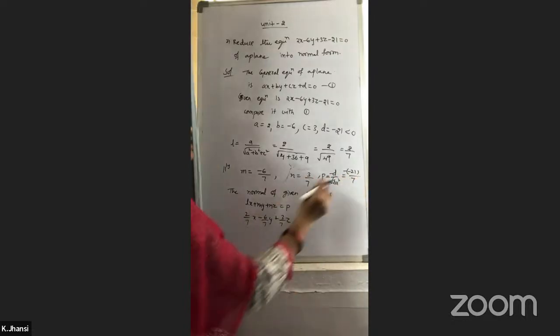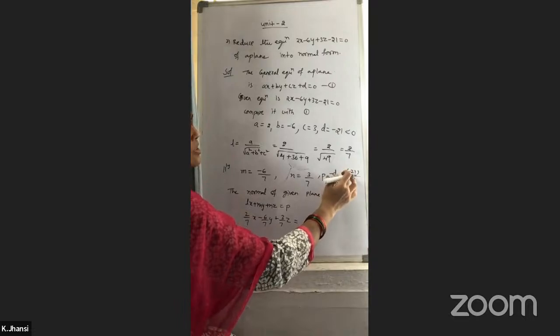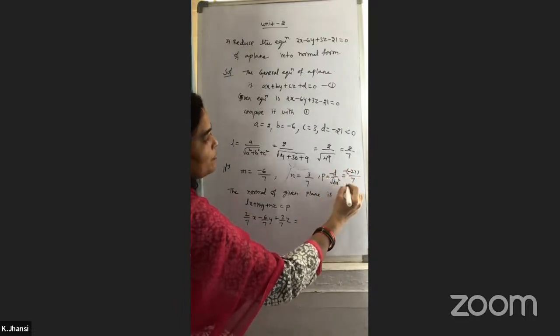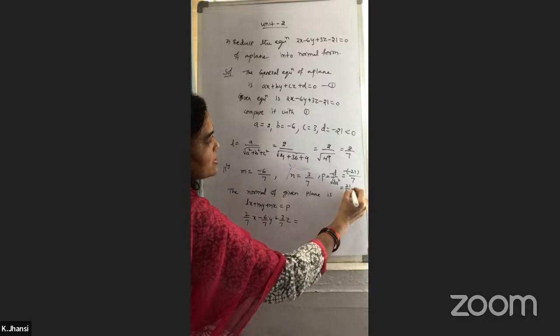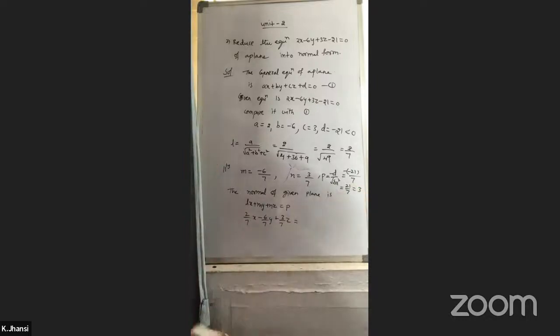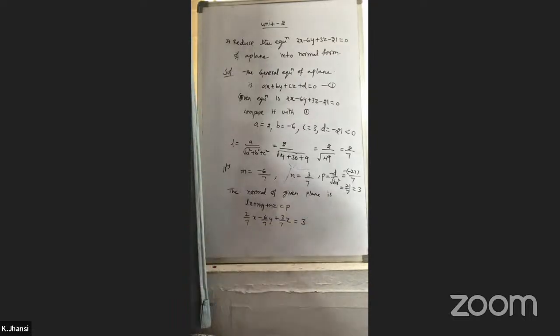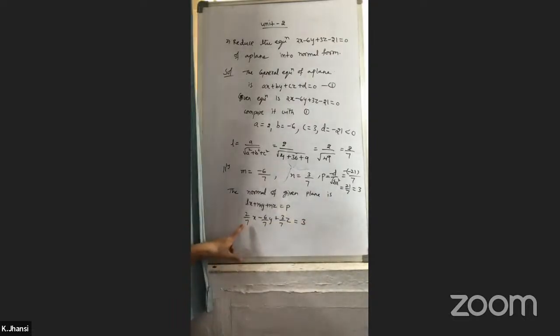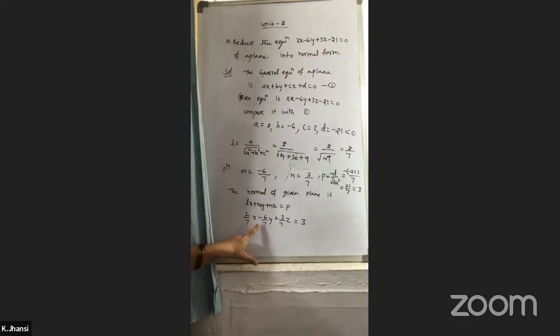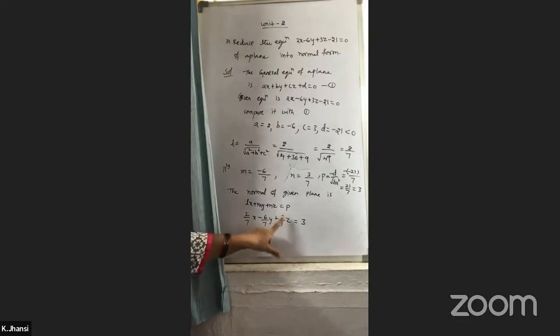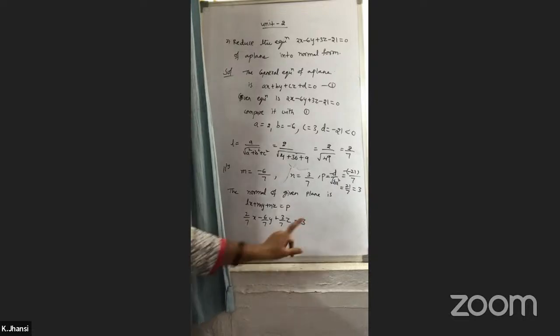Both the minuses make it plus. So 21 by 7 is 3. So P value is 3. So now we got the normal form of the given plane as 2 by 7 into x minus 6 by 7 into y plus 3 by 7 into z equals 3.